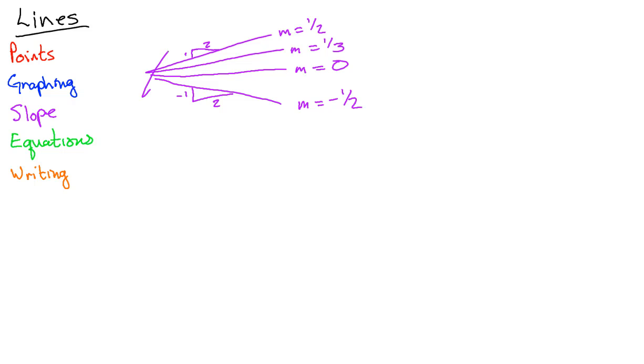Now, what if it starts going the other way, starts getting steeper and steeper? Well, this is where we start getting like a slope of 2, where you go up 2 over 1. So the numbers, a slope of 1, which incidentally is not straight up and down. That's a slope of 100%. That's the same as the number 1. That's weird. Yeah, 100% is not straight up and down.